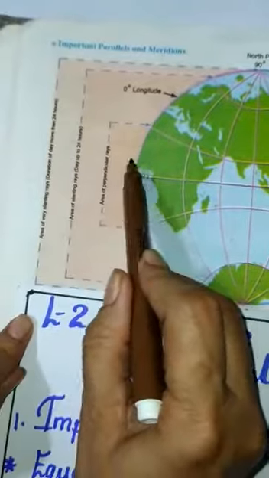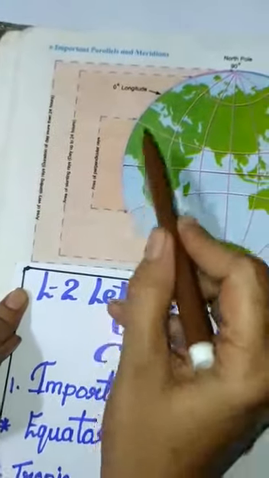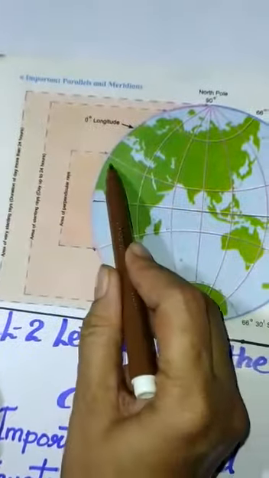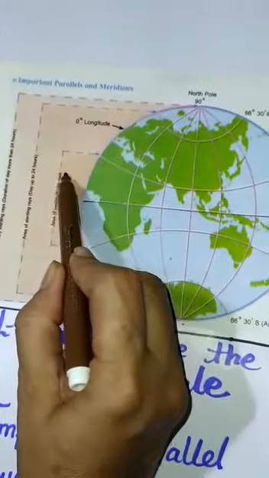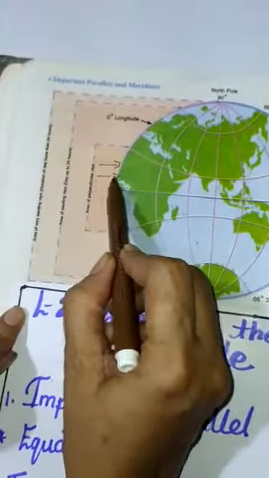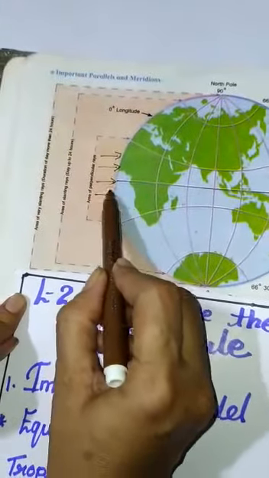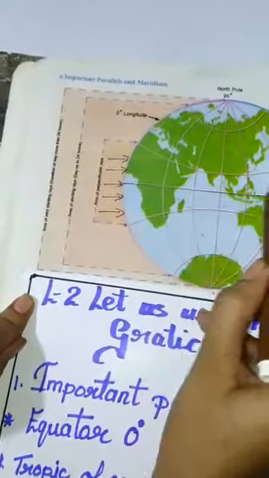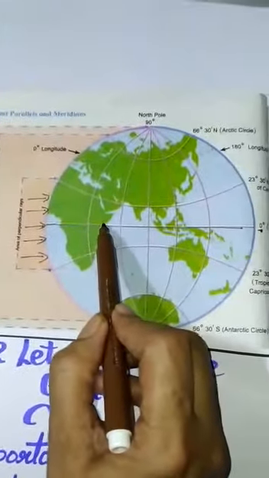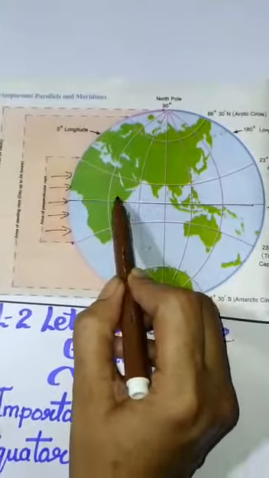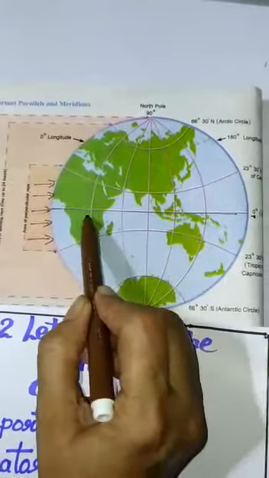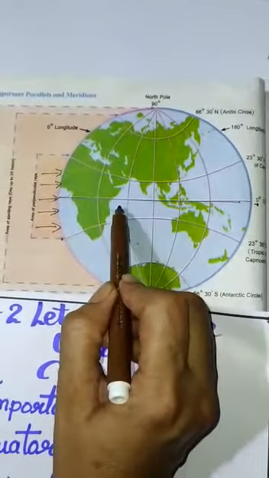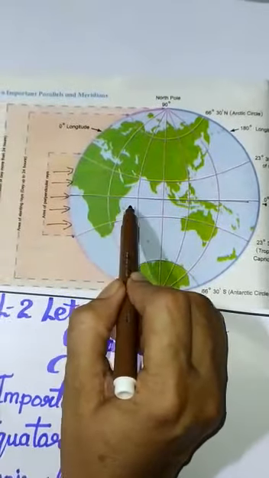So a little away from the equator, the rays of the sun are perpendicular, that is straight. This area receives straight rays, so here there is lots of heat. Mostly in this area you can find desert area, because of the heat of the sun.